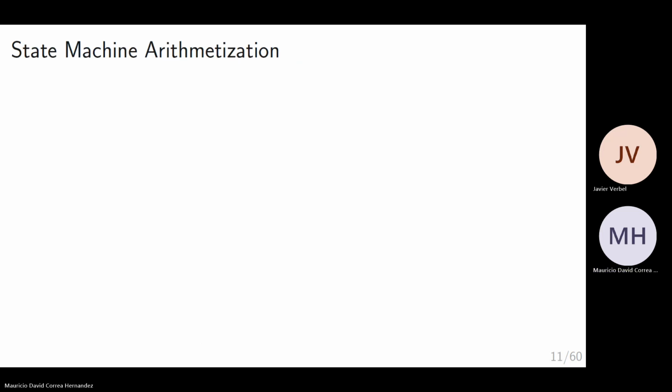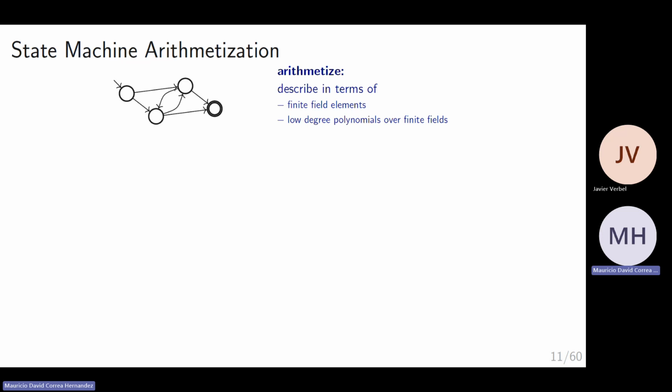So, how do we arithmetize a virtual machine? To arithmetize means to represent in terms of field elements and polynomials. So we need to choose a field, and you might want to choose a small field if your computation is very large, because it means you'll have less data.